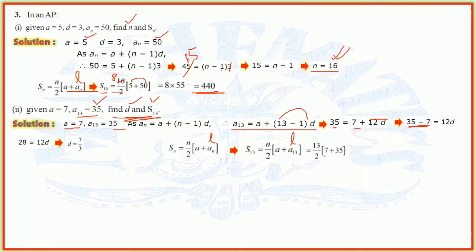So 13 by 2 into 7 plus 35. 7 plus 35 is 42 upon 2, so 21 into 13, or 13 into 21, equals 273. So that is the sum, S13.